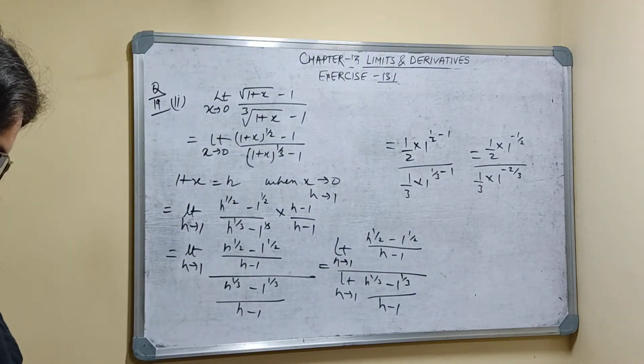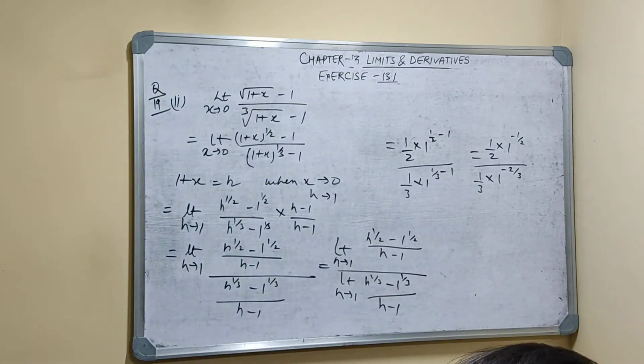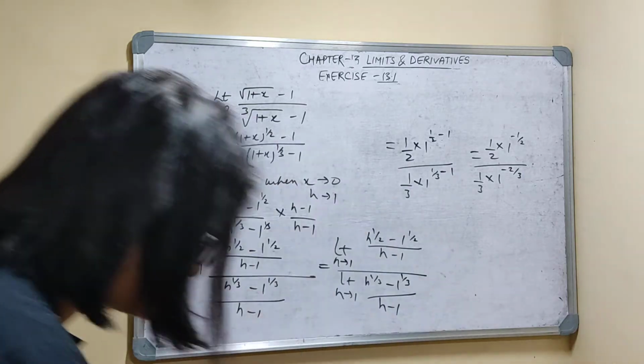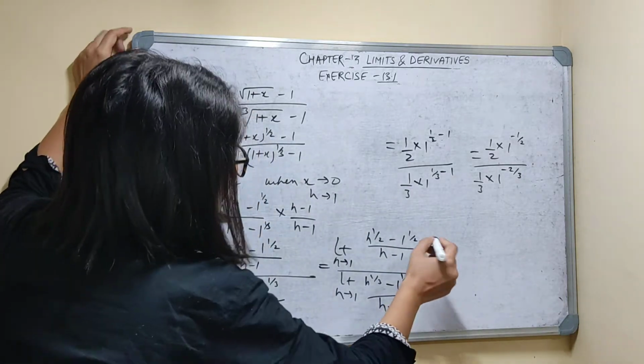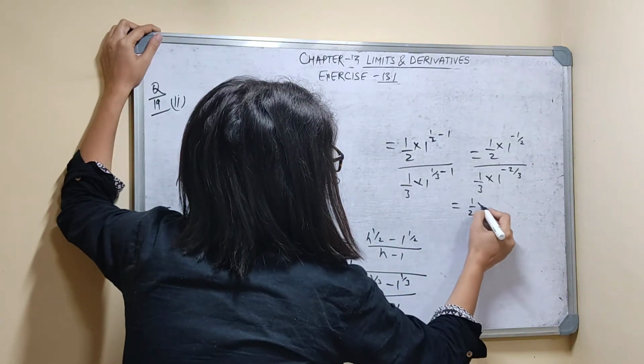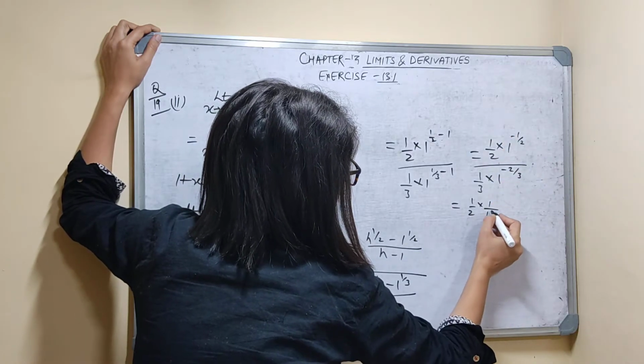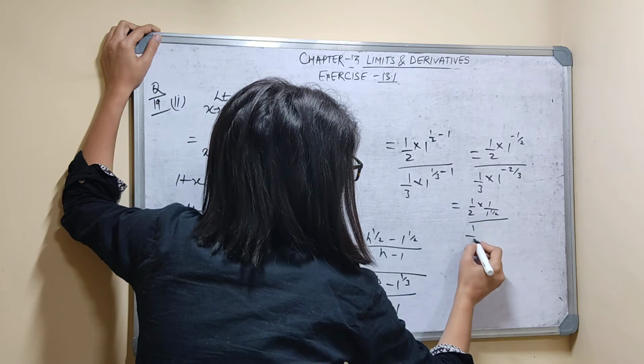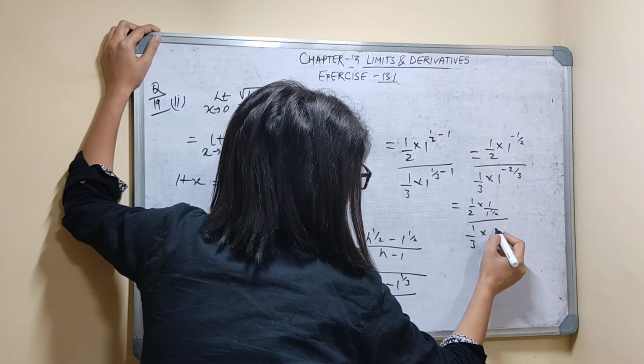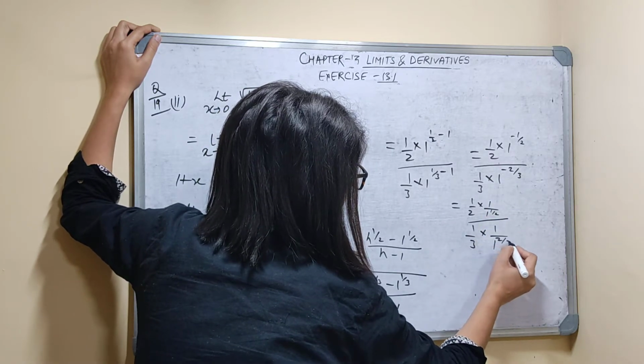So 1 by 2 into 1 power minus 1 by 2, and 1 by 3 into 1 power minus 2 by 3. So I can write 1 upon 2 into 1 upon 1 power minus 1 by 2, so 1 power 1 by 2 upon 1 by 3 into 1 power minus 2 by 3, I can write 1 upon 1 power 2 by 3.